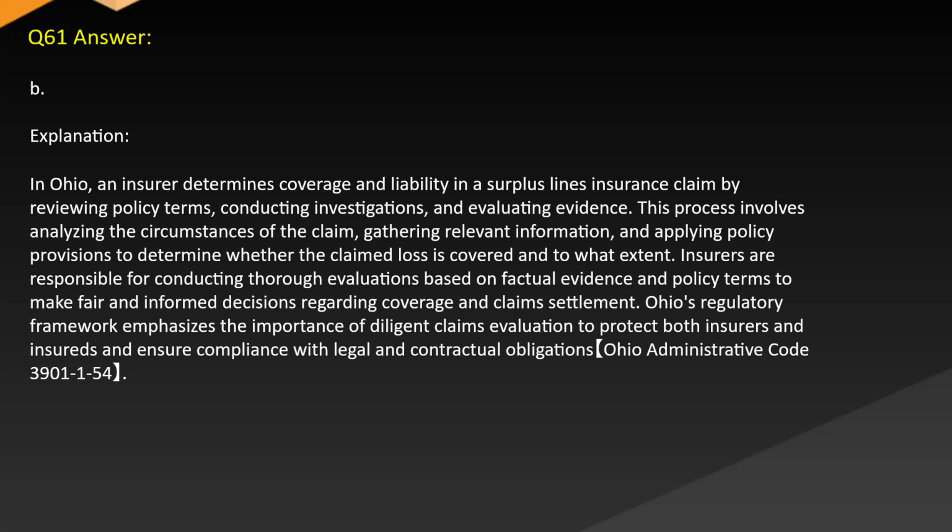Answer: B. Explanation. In Ohio, an insurer determines coverage and liability in a surplus lines insurance claim by reviewing policy terms, conducting investigations, and evaluating evidence. This process involves analyzing the circumstances of the claim, gathering relevant information, and applying policy provisions to determine whether the claimed loss is covered and to what extent.